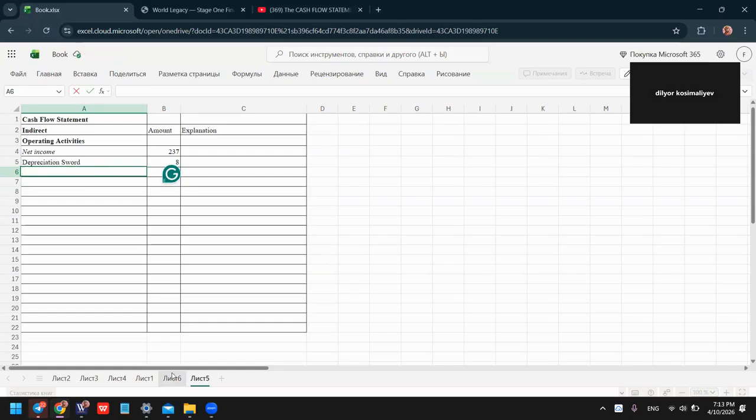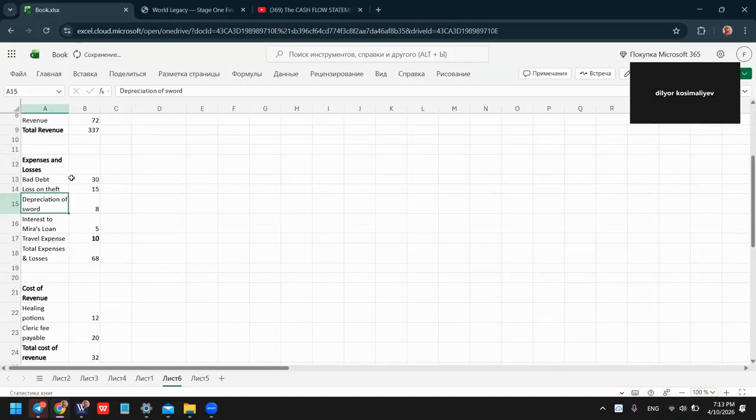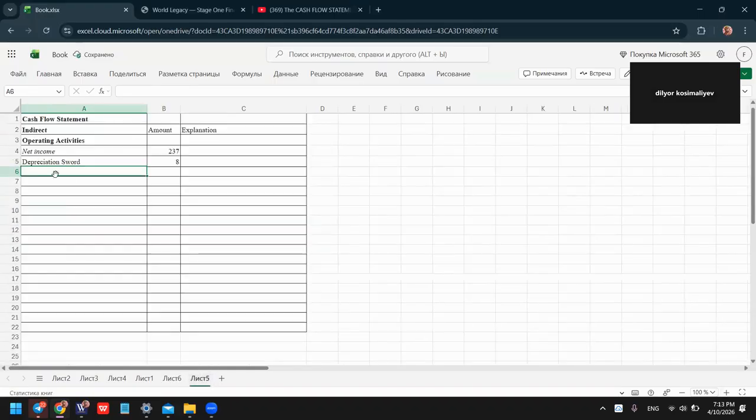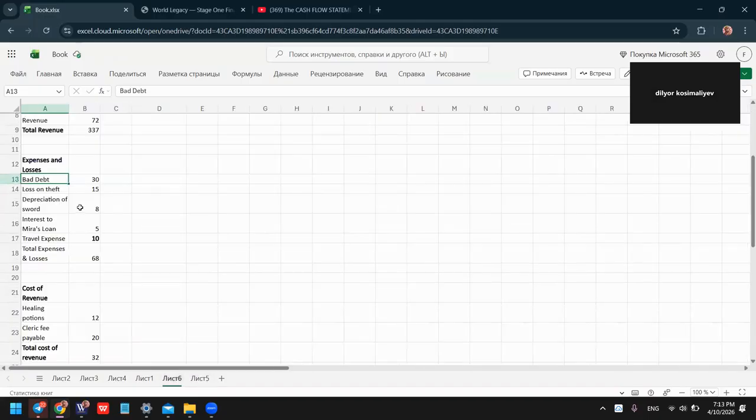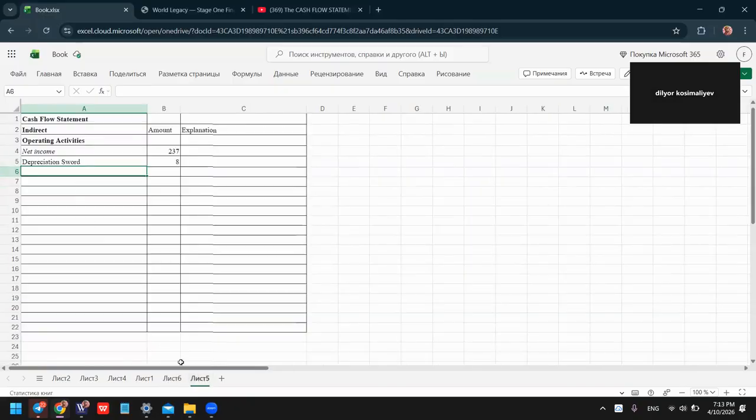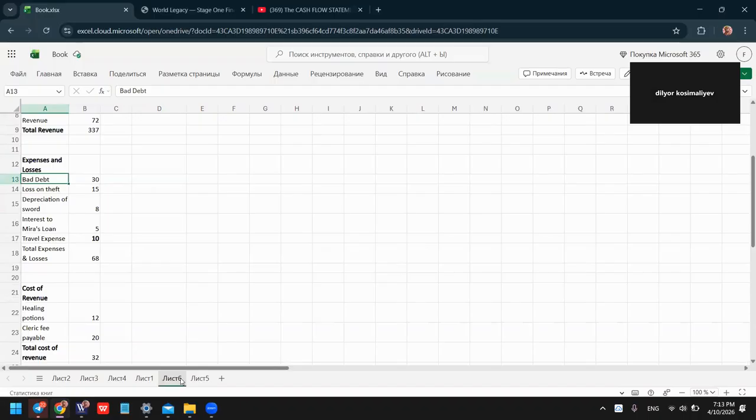Then the second thing here is our bad debt. It was also deducted as a bad debt because Atia earned the reward, right? She earned the bounty, but she didn't receive the bounty. That's why it was deducted from the profit. That's why it's kind of an expense.